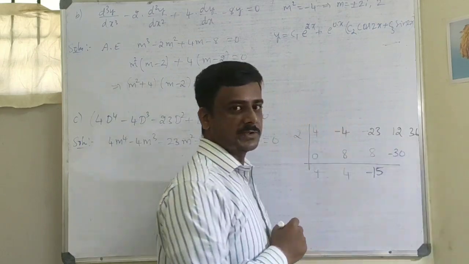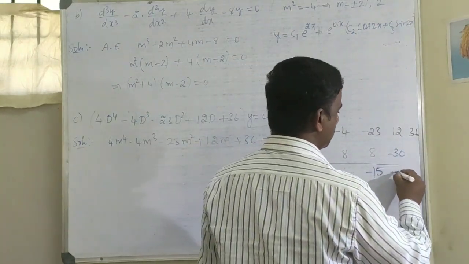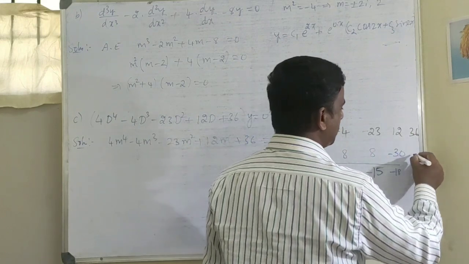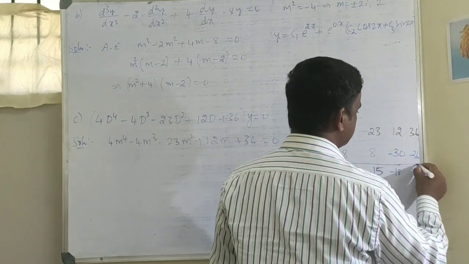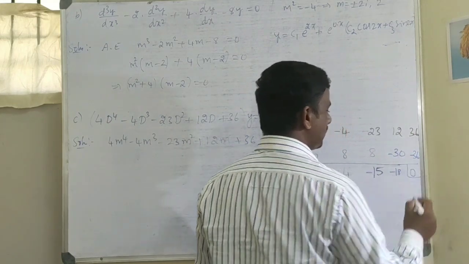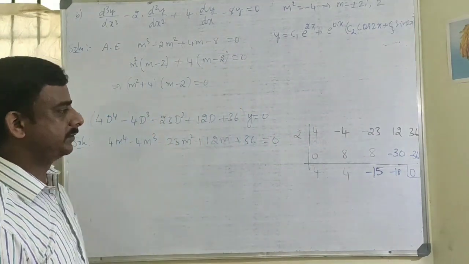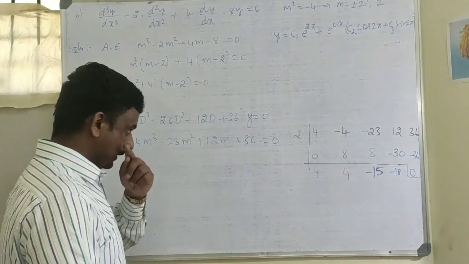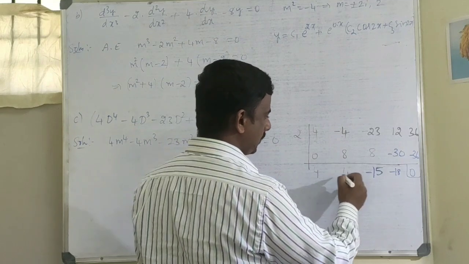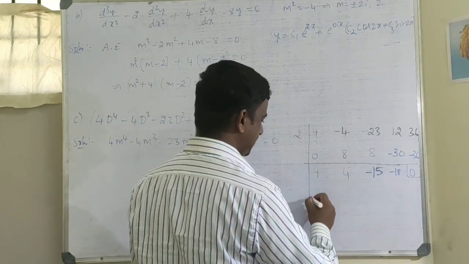Minus 30 plus 12, minus 18. Minus 18 into 2, minus 36. So adding, we get 0. So 2 is one of the roots.